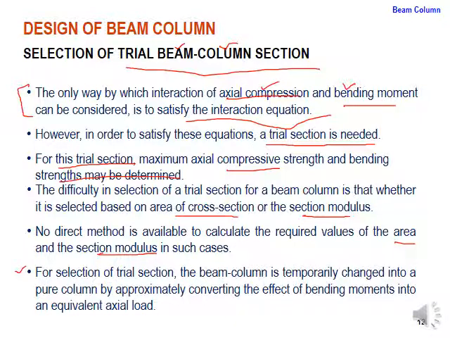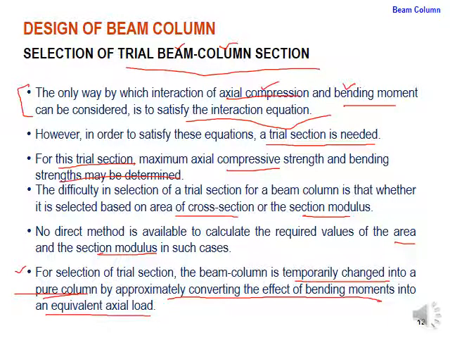The conclusion, which the AISC specification also says, is how we can solve this problem: we can select our beam column by temporarily changing it into a purely axially loaded column, and then approximately converting the effect of the bending moment into an equivalent axial load.